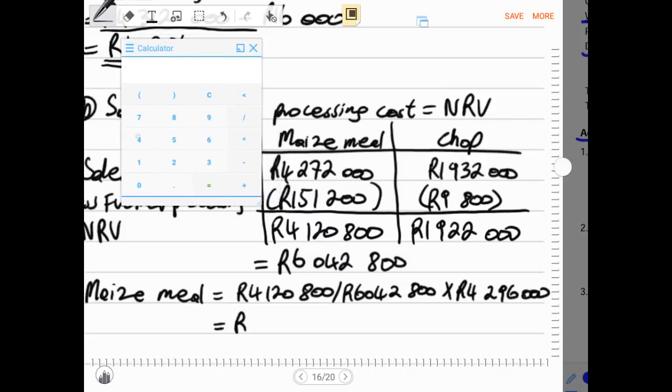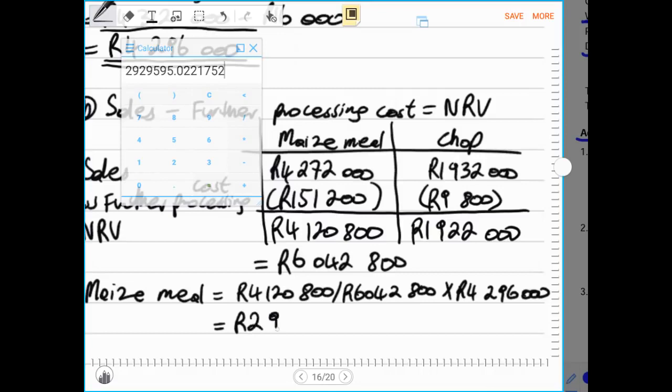We have the joint cost of 4,296,000 times 4,120,800 equals, divide that by 6,042,800. This gives us a total of 2,929,595.